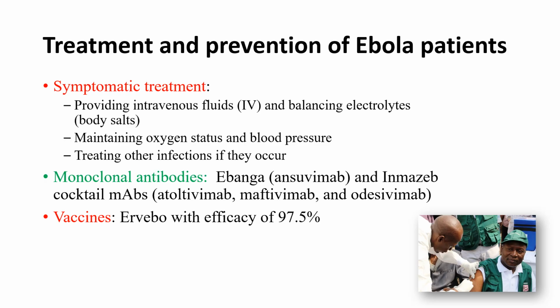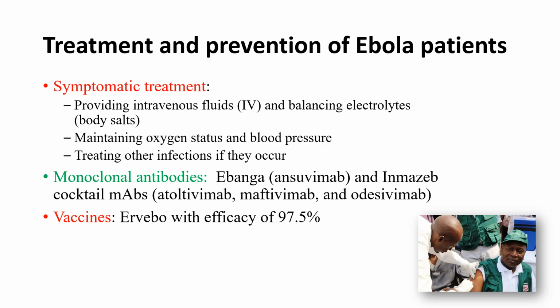So recently, monoclonal antibodies have been approved. These include the Ibanga, which is made of ansi-Vimab. So again, this is a monoclonal antibody targeting the surface glycoprotein of Ebola, so it blocks the entry of the virus. This has been shown to be effective in clinical trials.